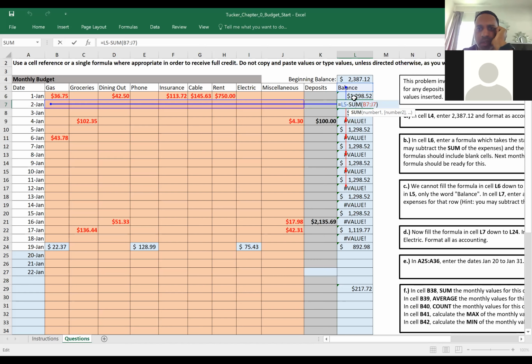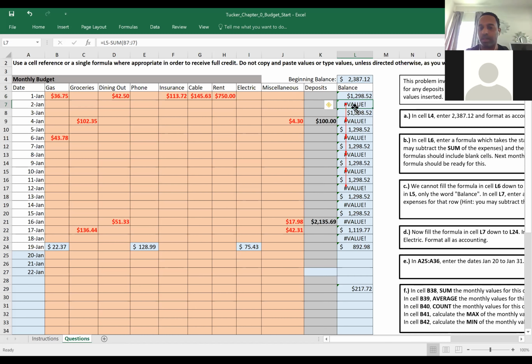L5. Why is it saying L5? Right, that's why. Okay. So why did it go L5 though? This is L4. Okay, got it. That's why. But it didn't do that the first time. So that, okay, got it. That's why, because I did it right the first time.